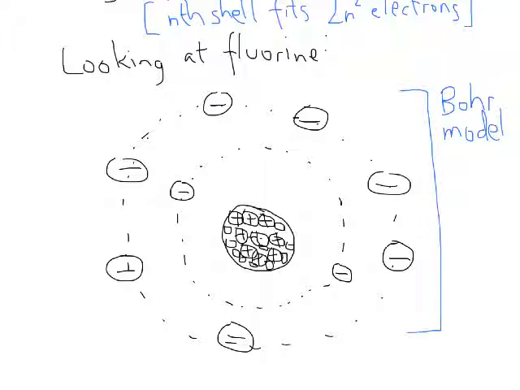And we just might like to write ourselves a reminder for fluorine: the number of protons, although you may have written this down previously, equals 9, number of electrons equals 9.